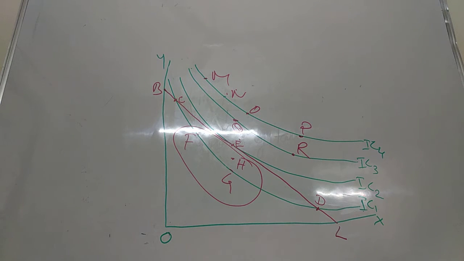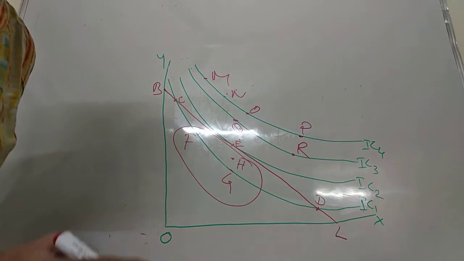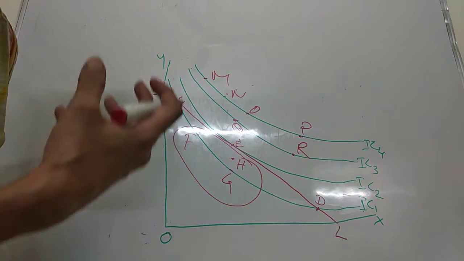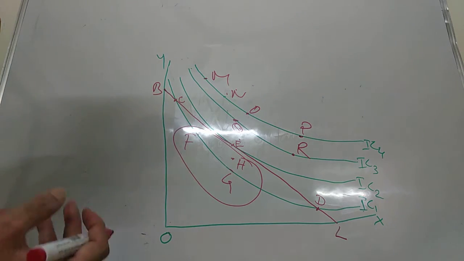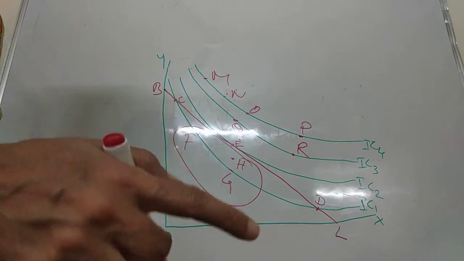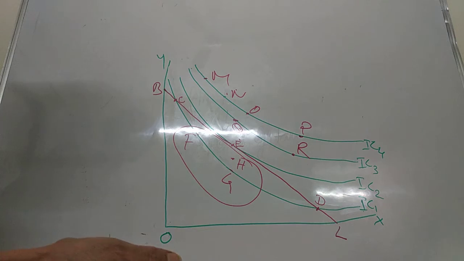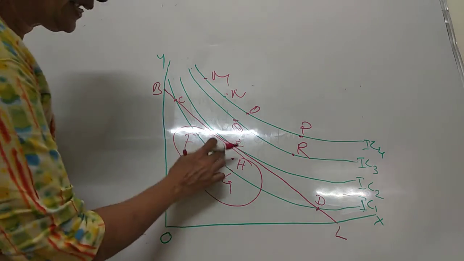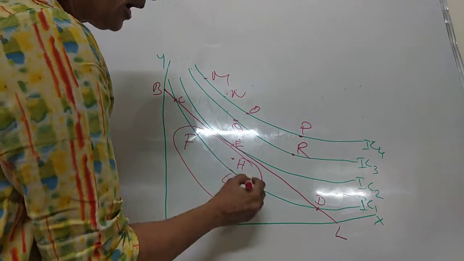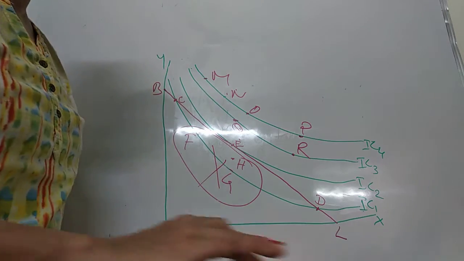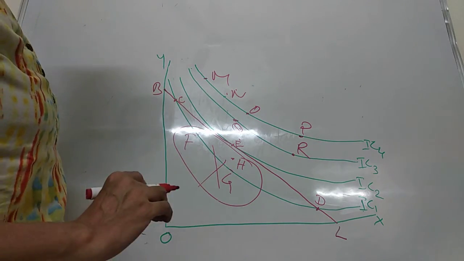The reason being that these combinations, though affordable, the consumer is not spending his entire income. And to be in equilibrium, the condition is that he spends his entire income. Okay, so again these combinations now are out of the equilibrium analysis.